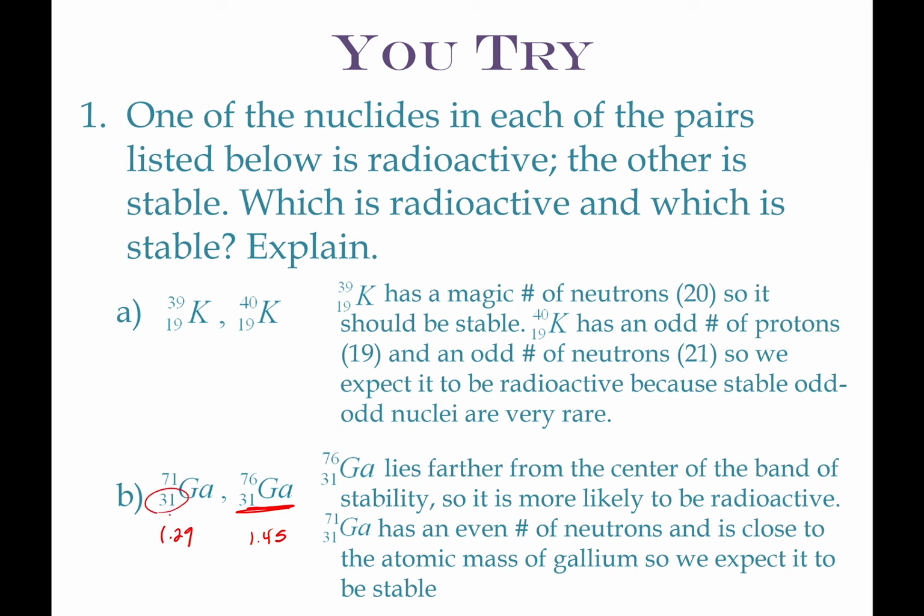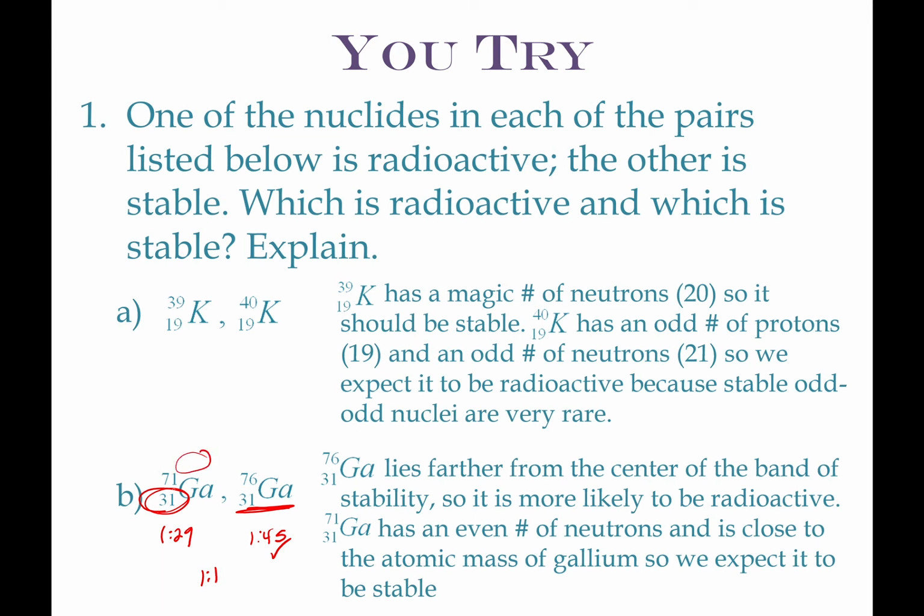And since we're still very close to Z equals 30, it should probably be closer to 1-to-1. So this one is more likely to be radioactive to begin with, and then we look that it has an odd number of neutrons and an odd number of protons. So we expect that the other is going to be more stable.